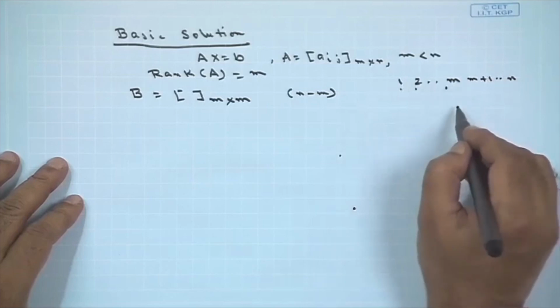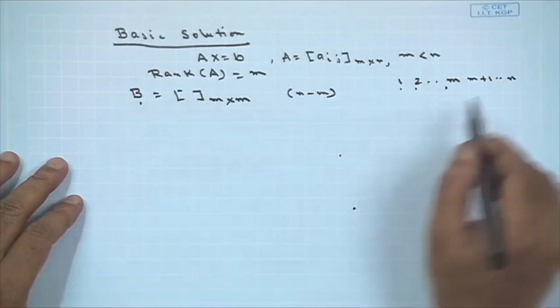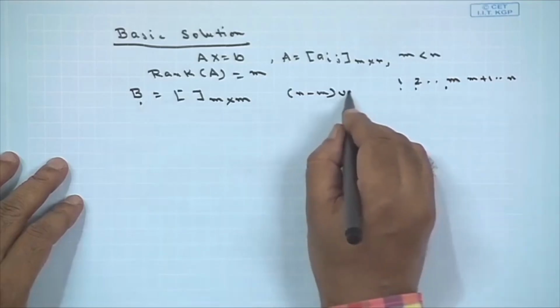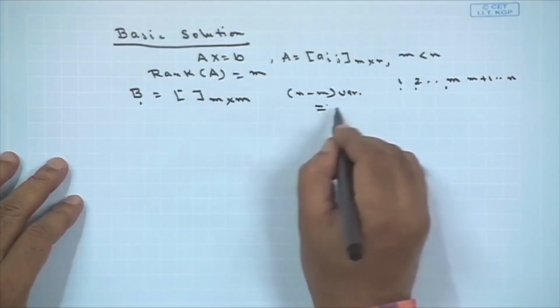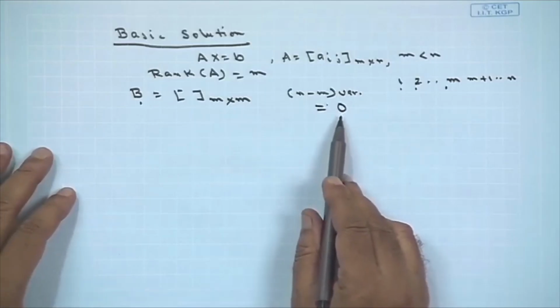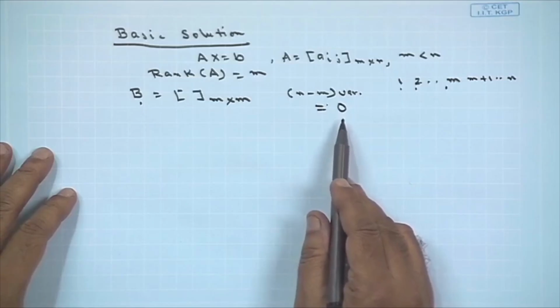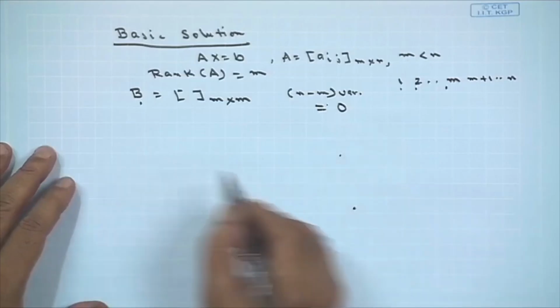These are the linearly independent column vectors, from which I have formed the matrix B, and the remaining n minus m variables, if I make them equal to 0, which I have shown earlier, then the solution obtained is known as a basic solution. In the last class I think we gave one example also, so you can go through that part also.